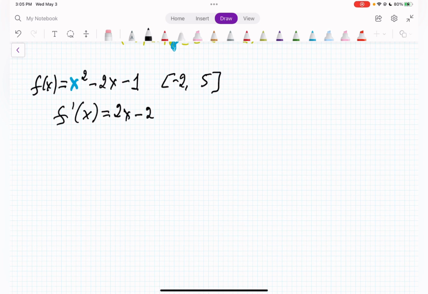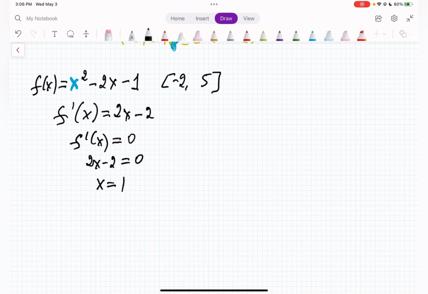Now we assign to 0, which means 2x minus 2 is equal to 0 and x is equal to 1. Okay, so we have three critical points, and we need to find out which one of them is maximum, which one is minimum.